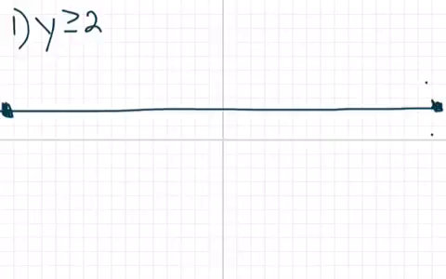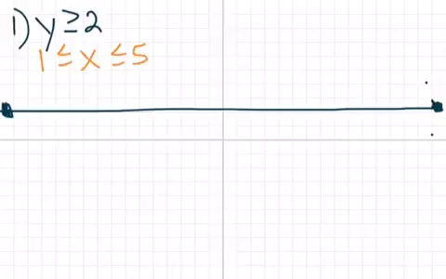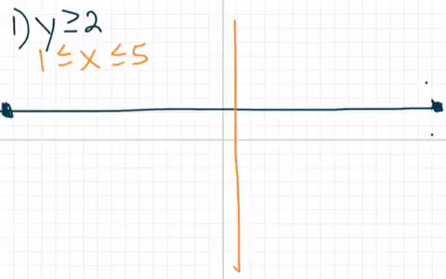The second equation has 1 less than or equal to x less than or equal to 5. Well, an x equals line is a vertical line. So there's x equal to 1. Two, three, 4.